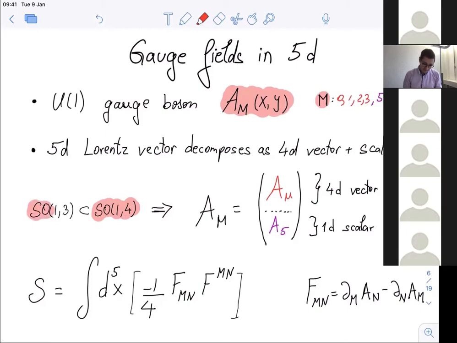So SO(1,3), the usual 4D Lorentz group, is a subgroup of this one. Therefore, we have to decompose the vector representation of the 5D Lorentz group under the 4D subgroup. That representation is reducible and decomposes into a 4D vector field and a 1D scalar field.